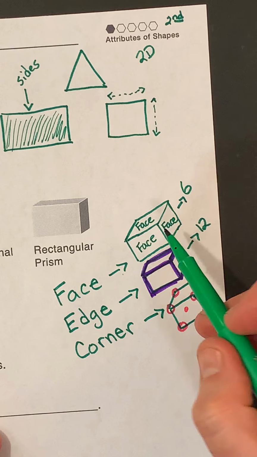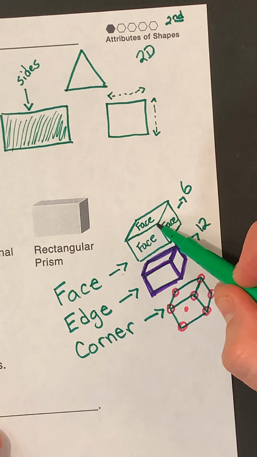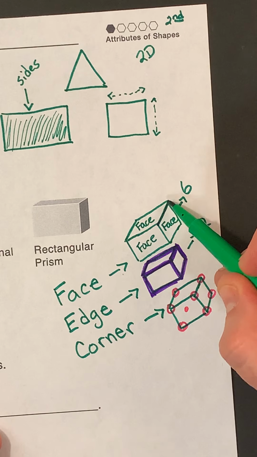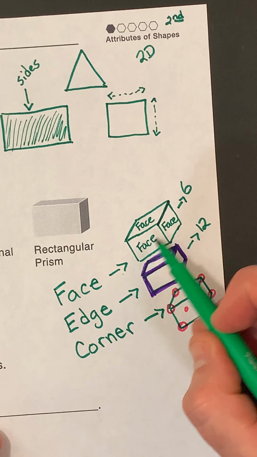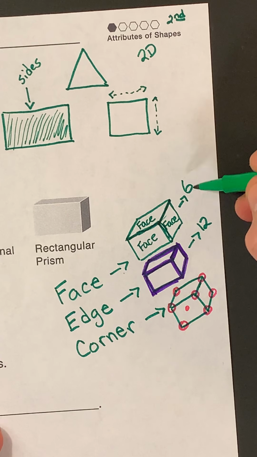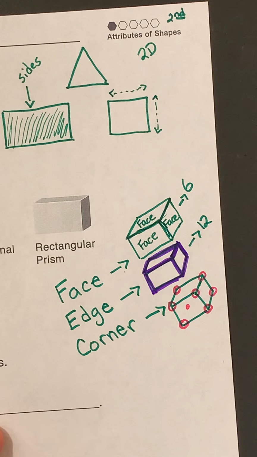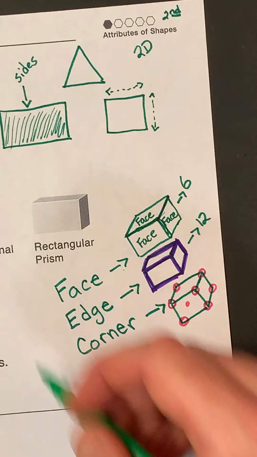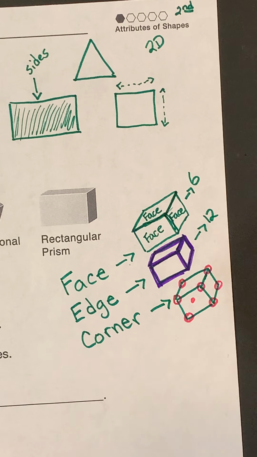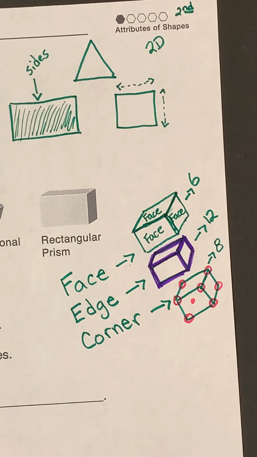Because if you have 2 faces, that would make 1 edge. If you add another face, it's going to double the amount that you have. So if we have 6 faces, it makes sense that we'd have 12 edges. And the corners, we know for these shapes are 8.